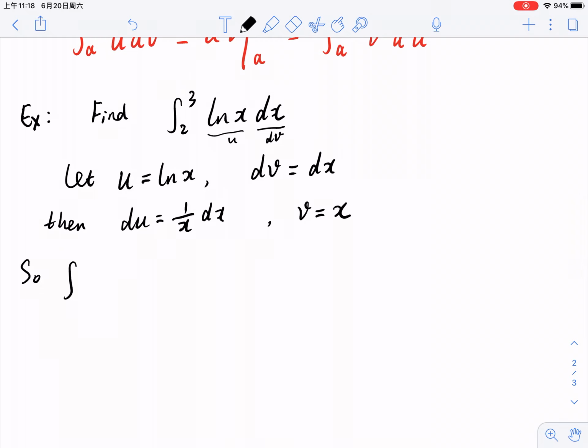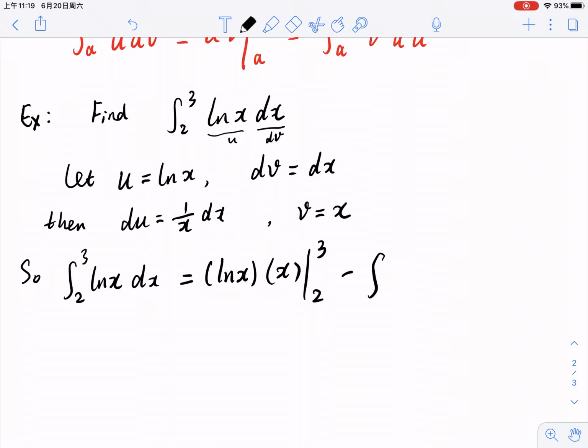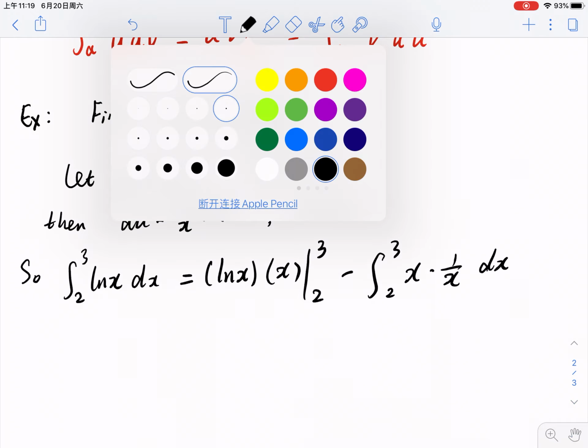So we have the integral of ln x from 2 to 3 dx, which by the integration by parts formula is ln x times x evaluated from 2 to 3, minus the integral from 2 to 3 of x times 1 over x dx.